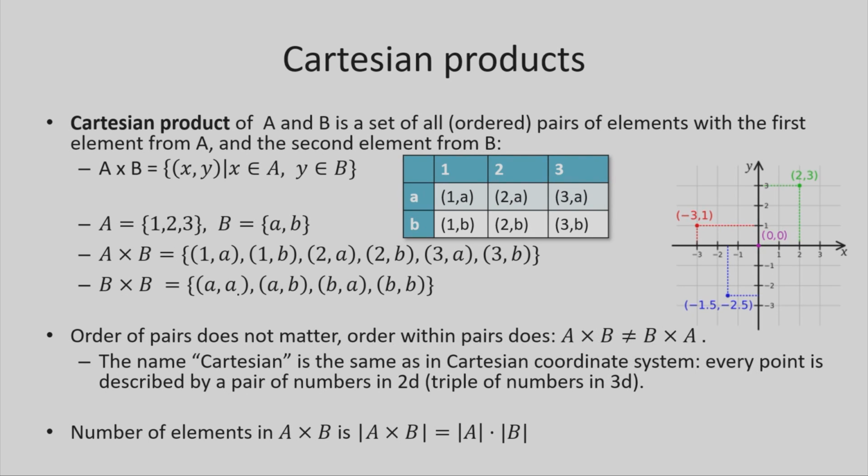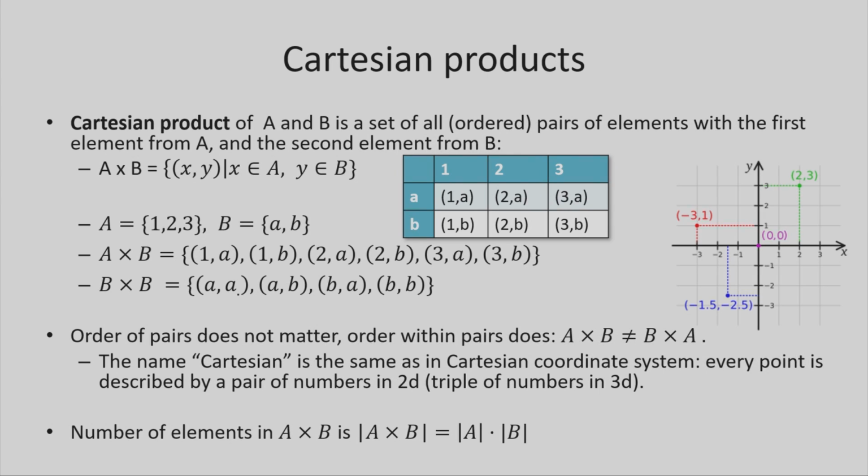The number 0 does not belong on the Cartesian plane; it doesn't denote a point. So again, to reiterate, if you want to visualize a Cartesian product of two sets or even three sets, think about a coordinate system and think about every pair as a point.